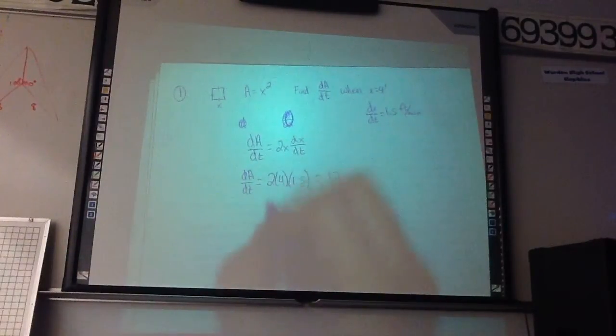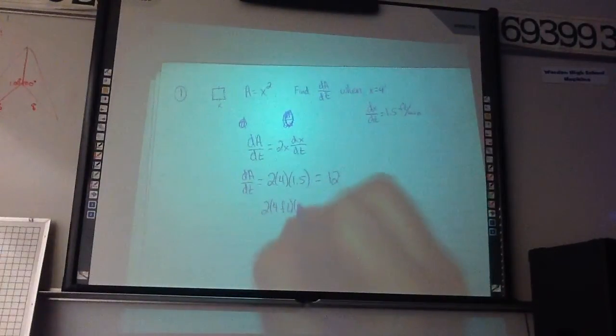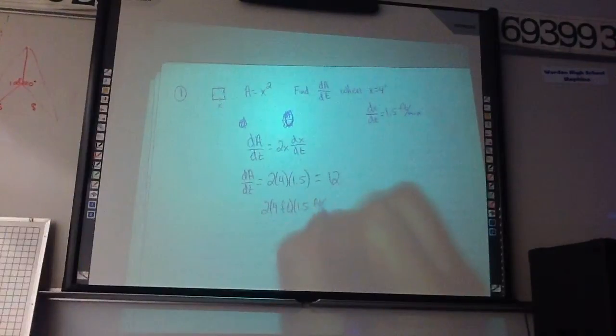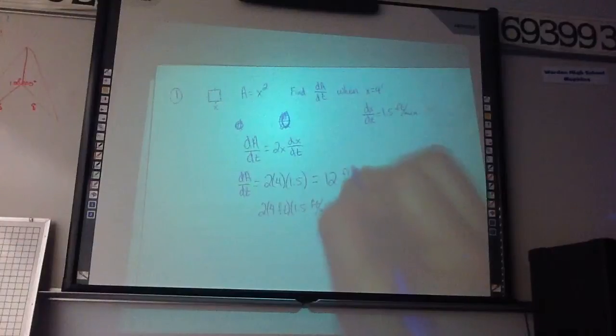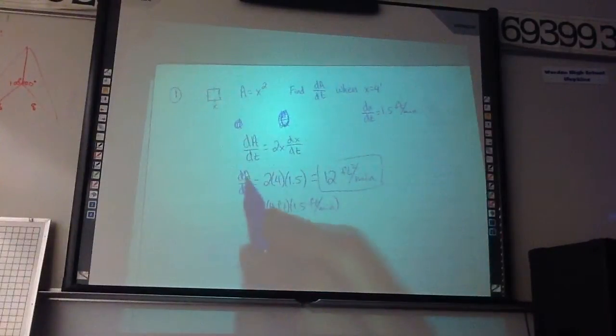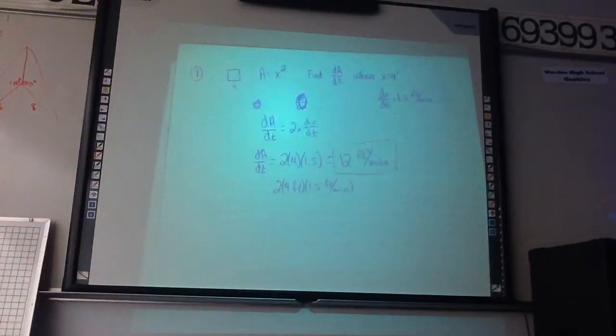When we put in 4, isn't that 4 feet? And when I put in 1.5, wasn't that feet per minute? If I multiply those, what do I get? Feet squared per minute. Here, area is feet squared, and time is minutes, so feet squared per minute. That makes sense. That's it.